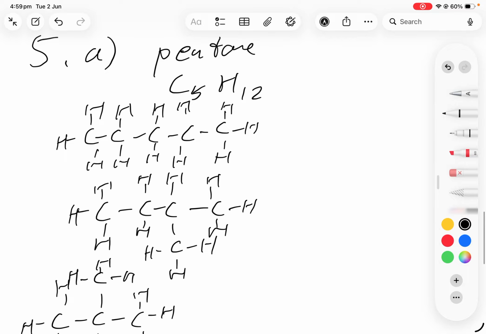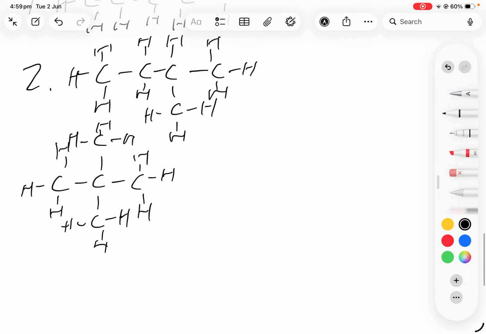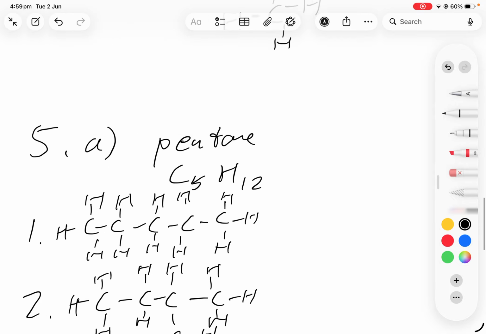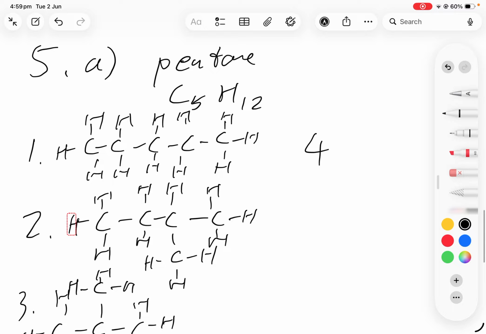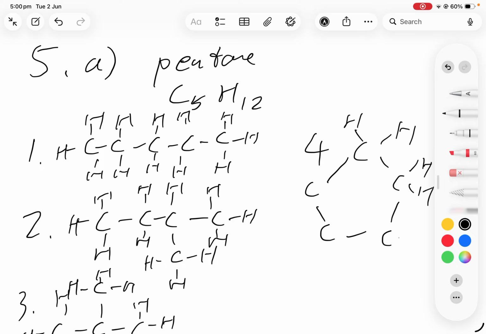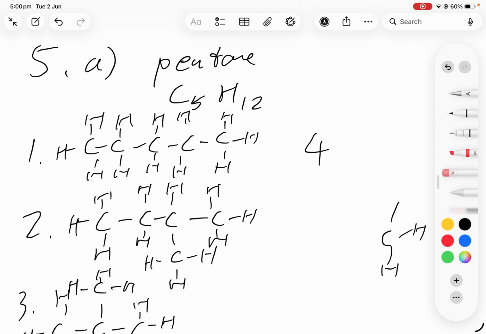And now we can start drawing the hydrogens. Let's number these. And for 4, we can draw a 1 2 3 4 5. That's a cyclopentane. Actually, the cyclos don't have the same amount of hydrogen, so you can't draw this.